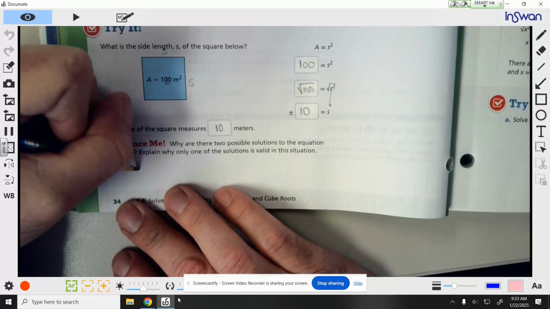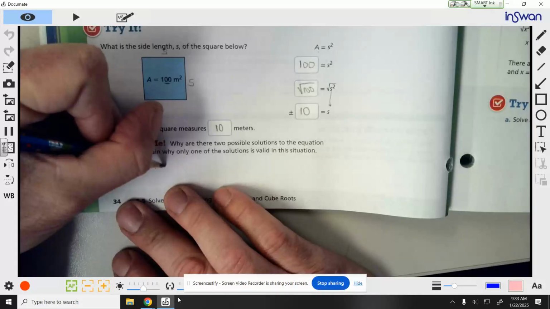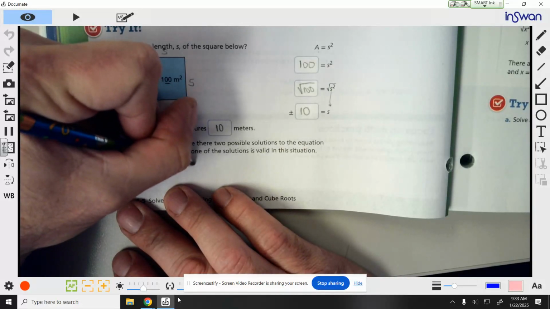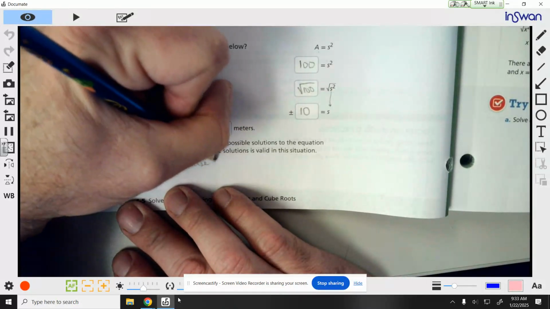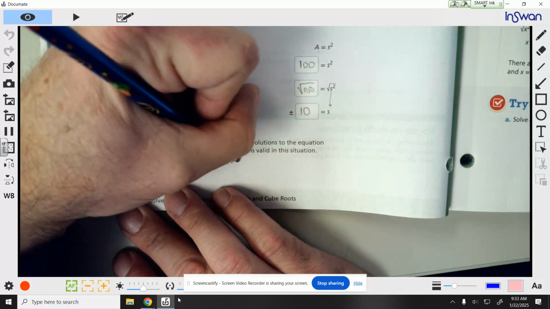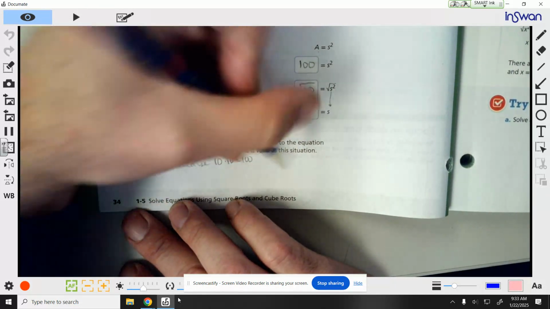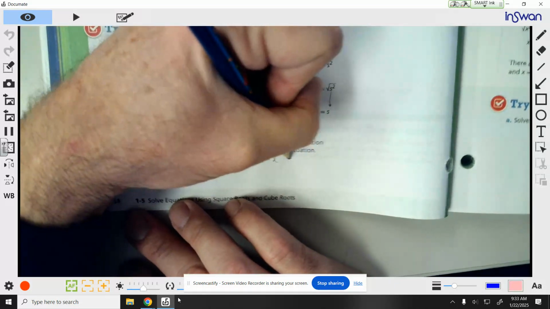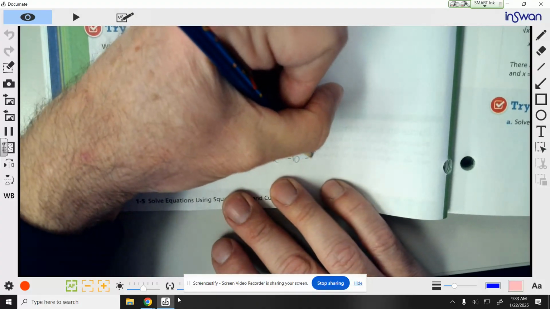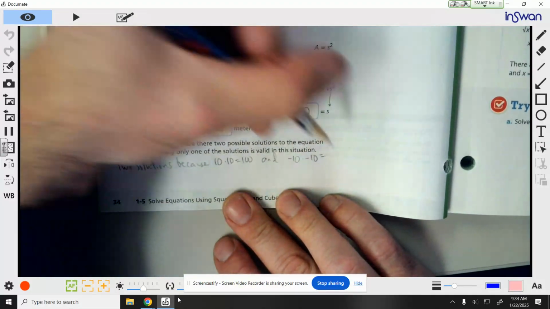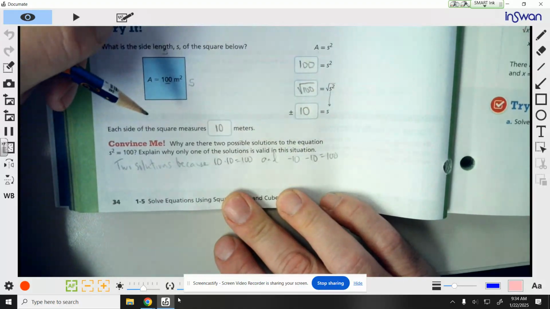Two solutions because 10 times 10 equals 100 and negative 10 times negative 10 equals 100.